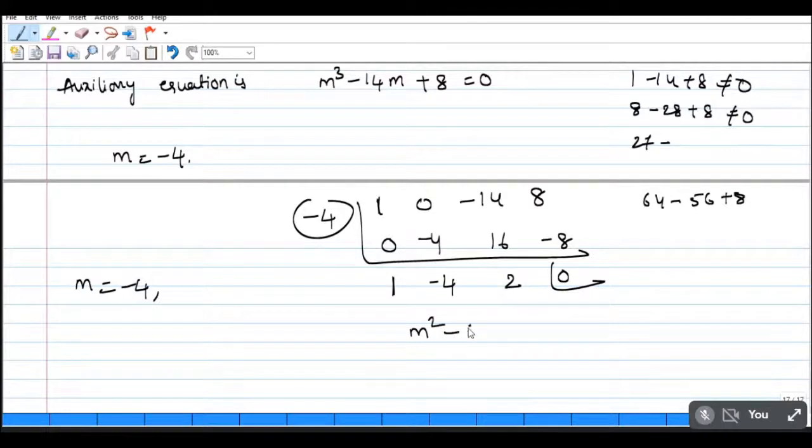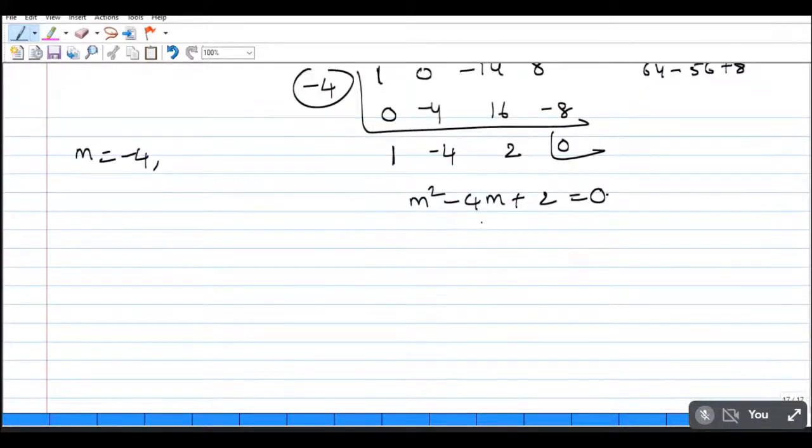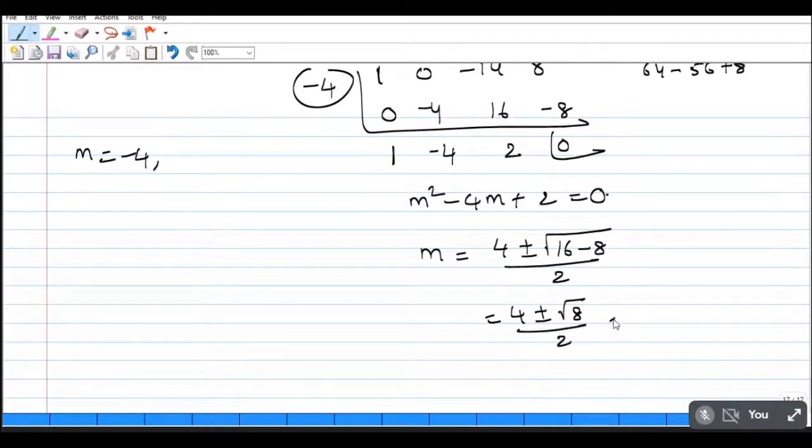To find other roots, M square minus 4M plus 2 equal to 0. Here you can find by minus b plus or minus root b square minus 4ac by 2a. 4 plus or minus root 8 by 2. Root 8 you can write 4 into 2, so that is 2 root 2.